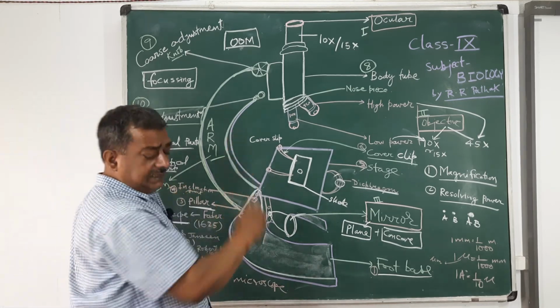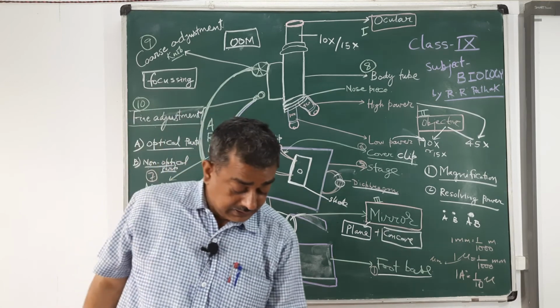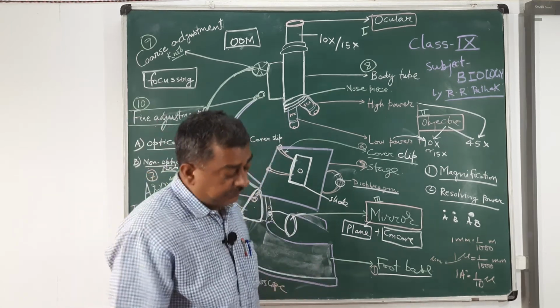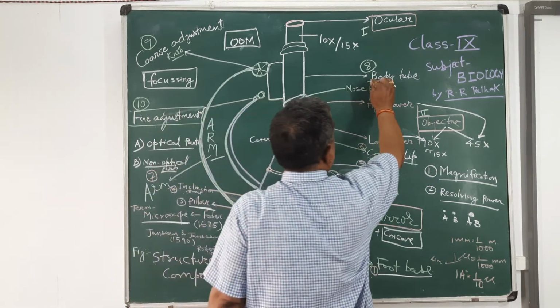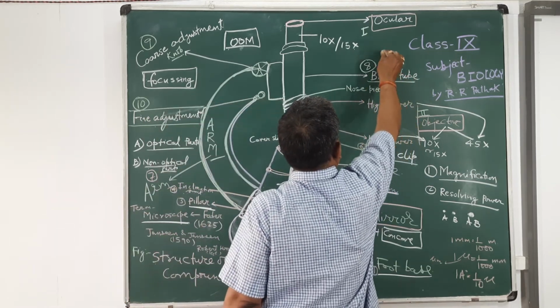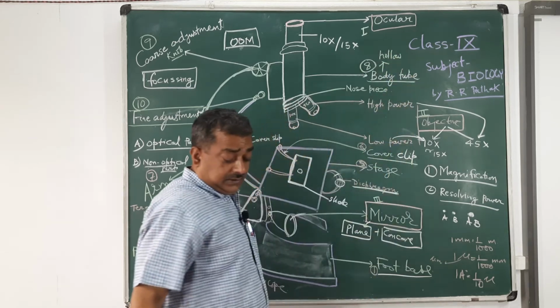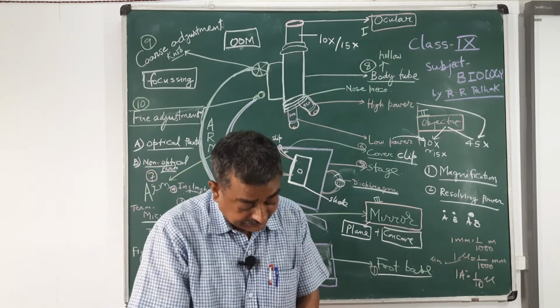Another very important part is called the body tube. The body tube is a hollow tubular structure.